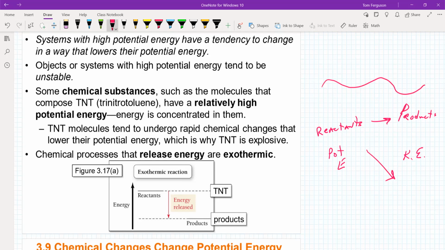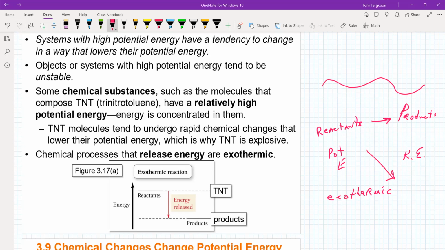If the reaction gives off heat, gives off kinetic energy, it's called exothermic. There's an endothermic reaction and an exothermic reaction. Exothermic reactions get hot, usually, or you can see them with light. Most of the time it gets hot.